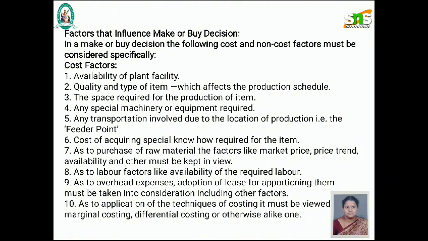Factors like market price, price trend and availability of others must be kept in view. Labor factors like availability of the required labor, and overhead expenses, must be taken into consideration, including other factors.